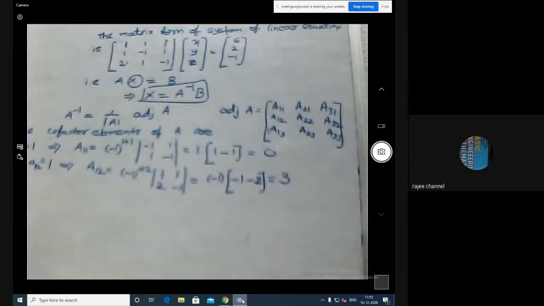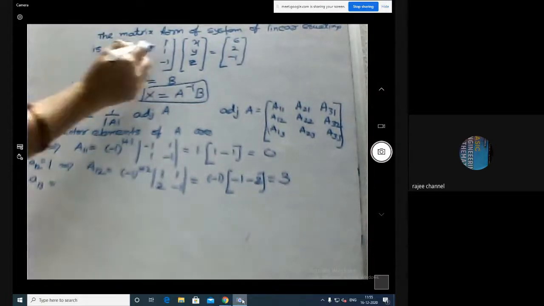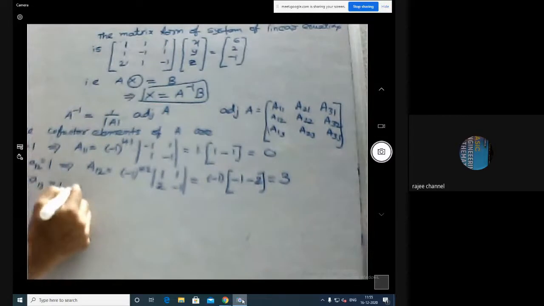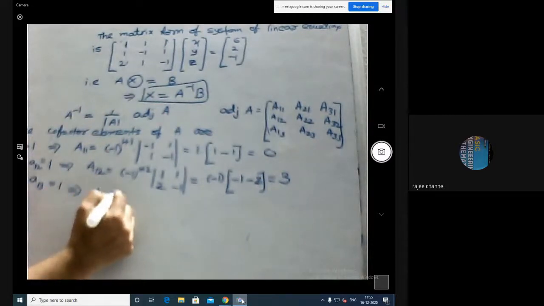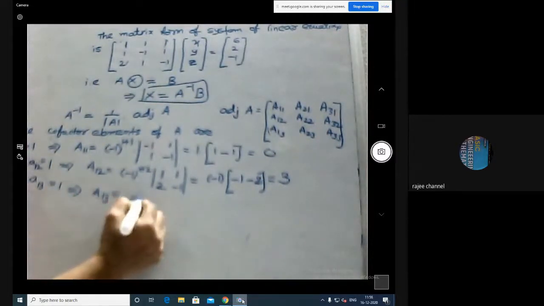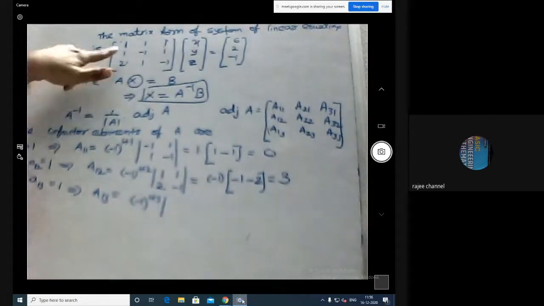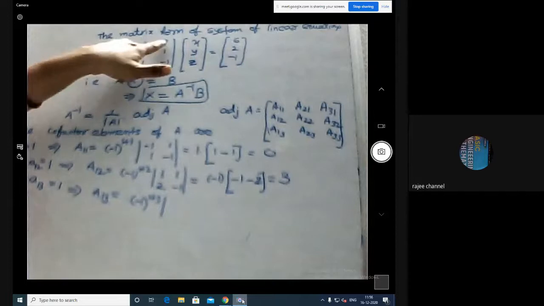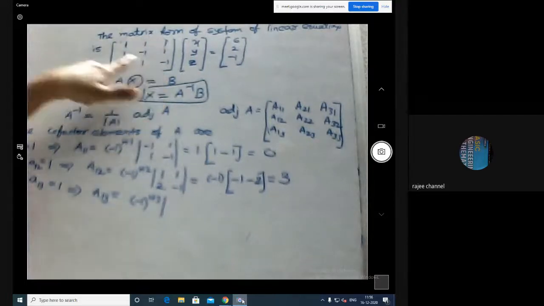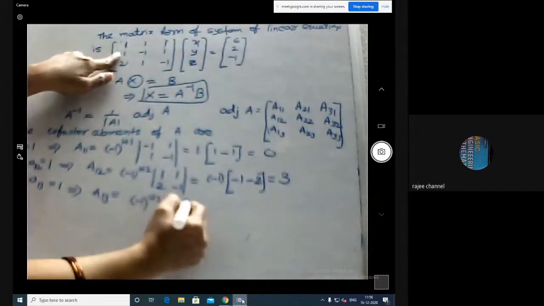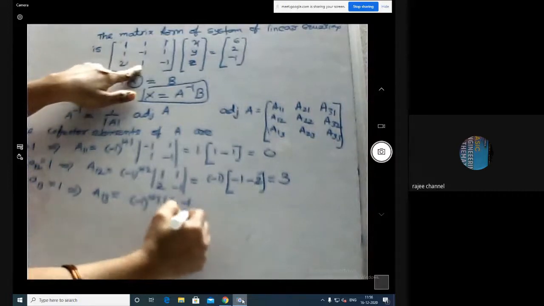Next we find A13, capital A13. A13 is equal to 1. So capital A13 is -1 to the power of 1 plus 3. Take the determinant. Here we remove the first row and third column. The determinant values are 1, -1, 2, 1.